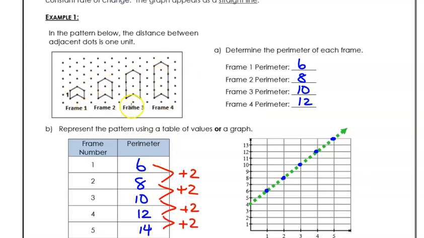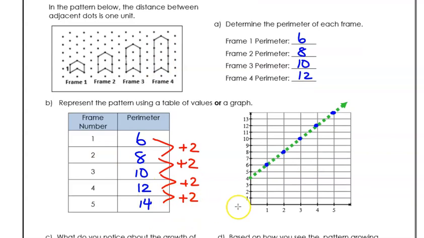And so depending on the number, you're going to get a certain perimeter. And so this is the independent variable, which means that it's going to go underneath on the x-axis, and this is going to depend on the frame number, and so the perimeter goes on the y-axis. Probably should have put labels here, but I'm explaining it verbally.